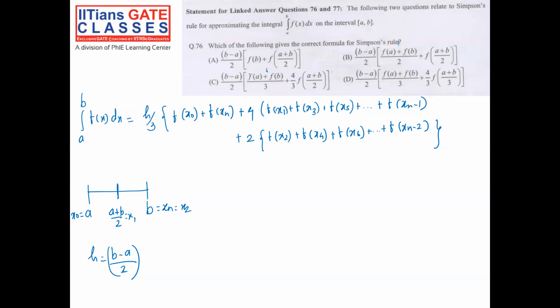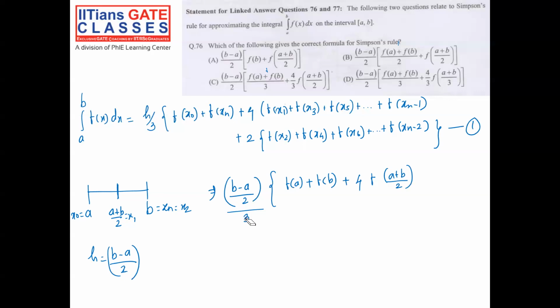intervals. With this, if you try to rewrite equation number 1, it will be b minus a divided by 2 into f of a plus, so here we should divide by 3 as well, because it's h by 3, f of a plus f of b plus 4 times f of a plus b divided by 2.